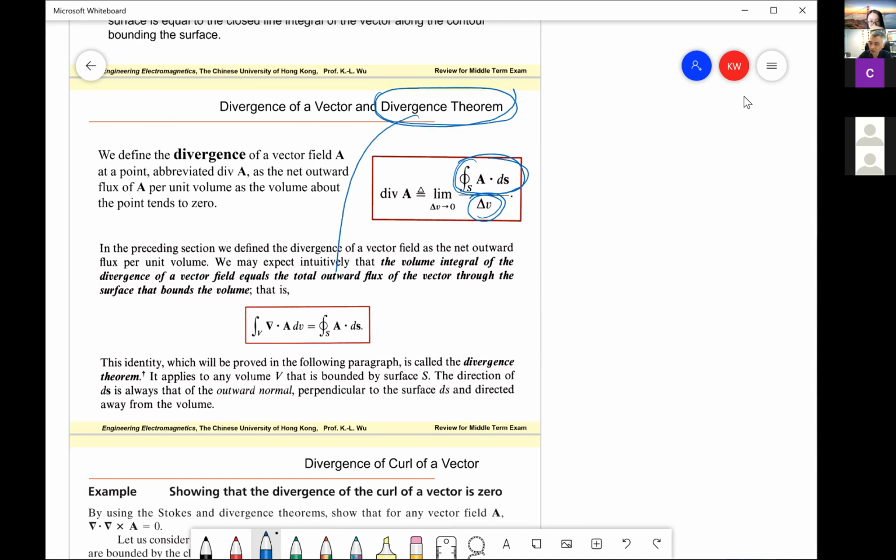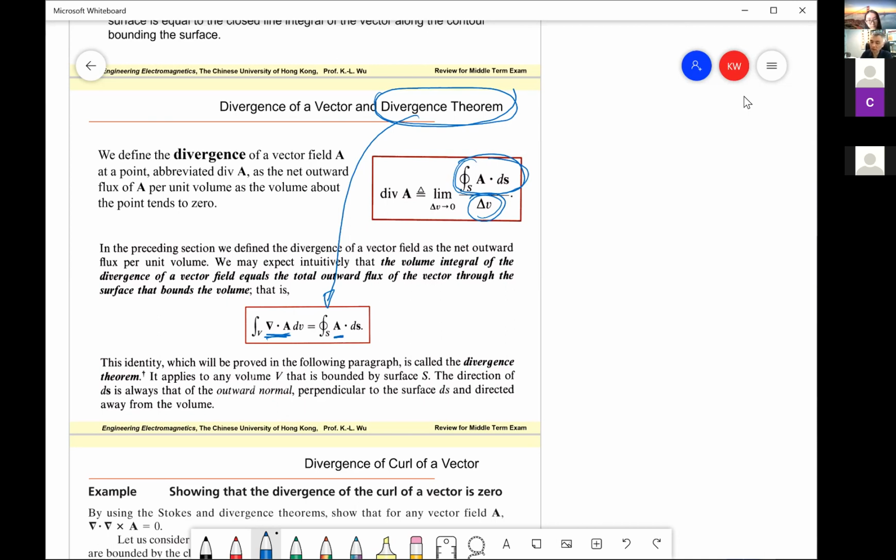This divergence theorem says if you do a volume integration, if this integral can be expressed as a divergence of a vector, then this 3-dimensional volume integration can be calculated by calculating a total flux of this vector.